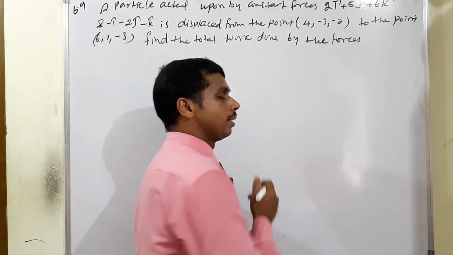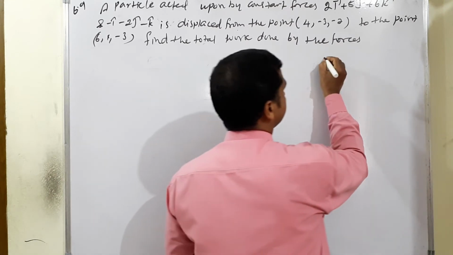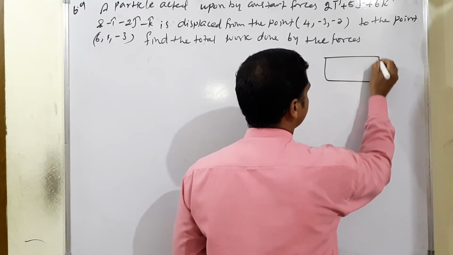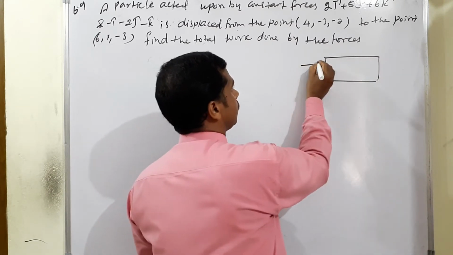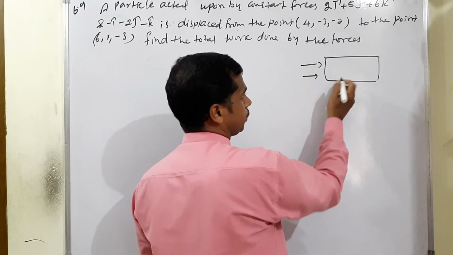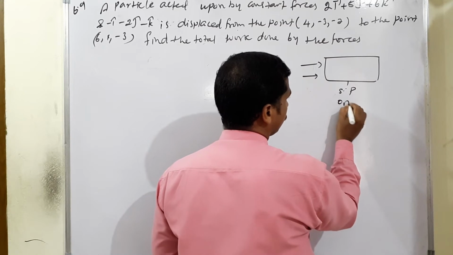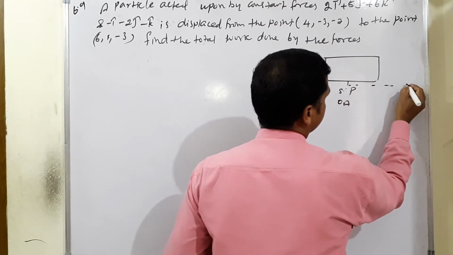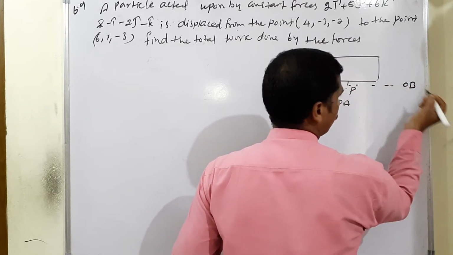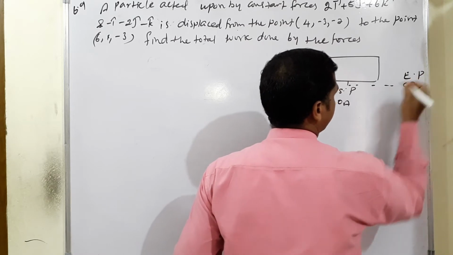Before moving to the answer, what is the meaning of work done? If you have an object, and two persons are forcing it, this is the starting point, considered as OA, and this is the ending point, considered as OB.